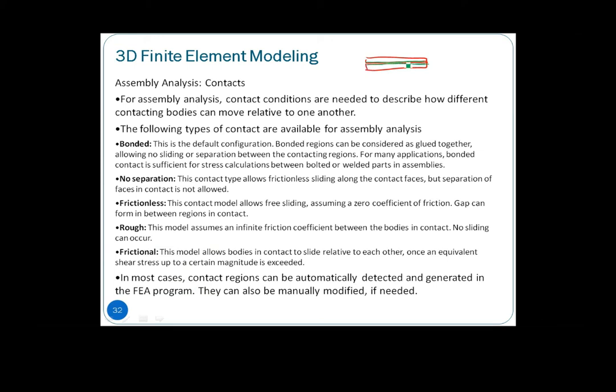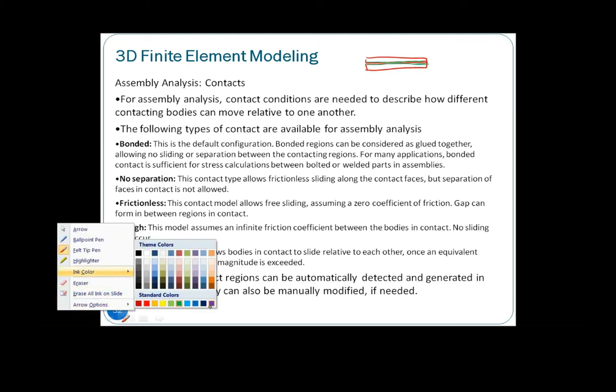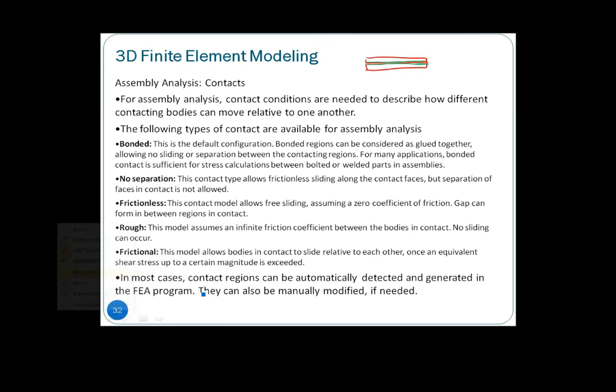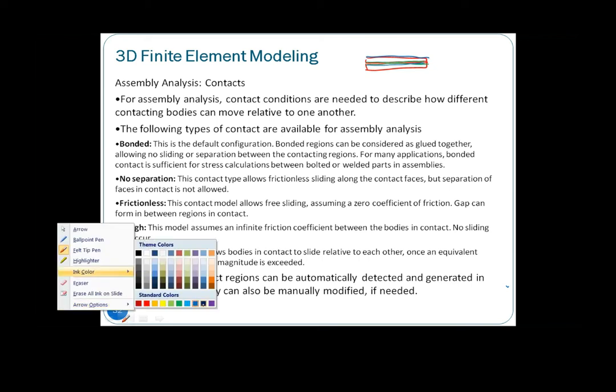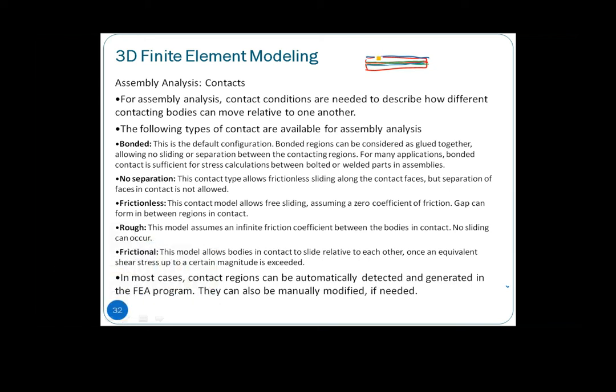That is the reasonable contact, but because it is too thin, sometimes ANSYS will also assign a bonded contact between your top surface and the top surface of your bottom plate, or even the top surface with the bottom surface of your bottom plate itself.